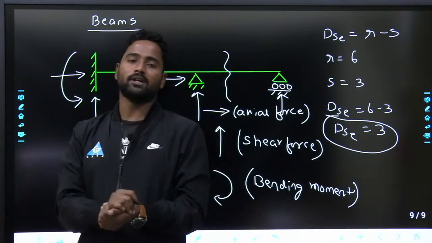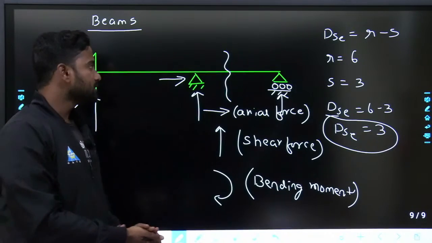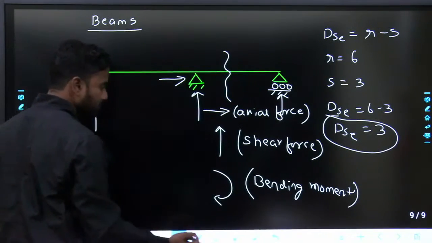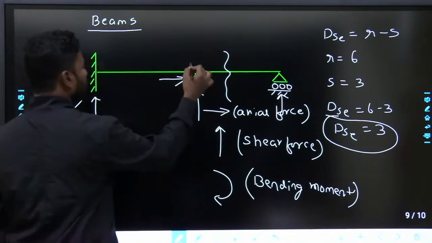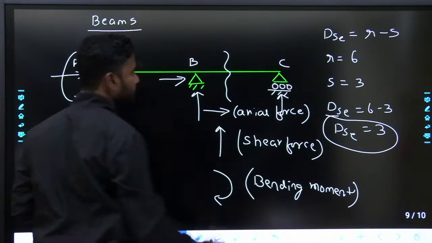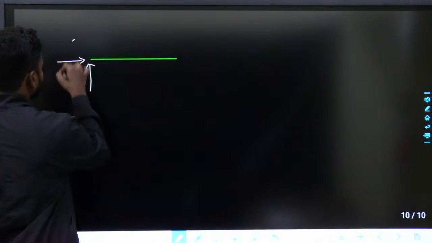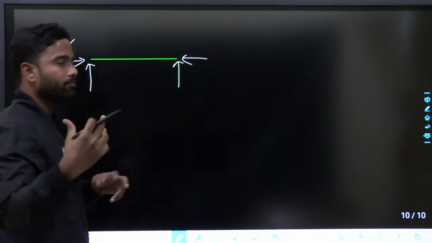When it comes to internal indeterminacy, number of unknown forces in the members. The thing is, if you take any member, if I take this member separately, I'll name it as AB. This is A, this is B, this is C. If I take AB, there will be three reactions, something like this, and there will be a reaction, something like this. Actually, there will be moment in depth. I'll discuss that later.